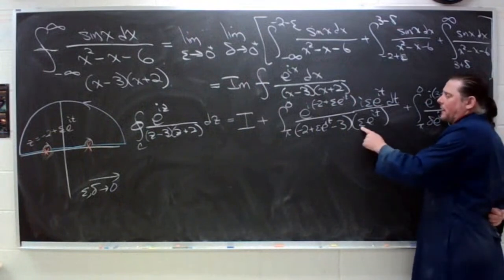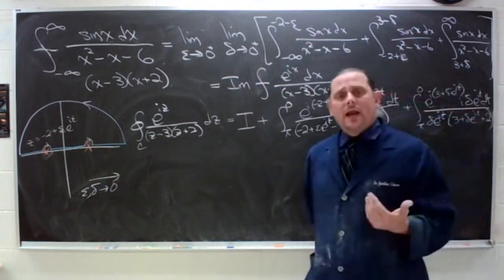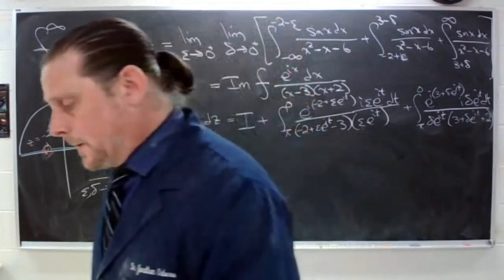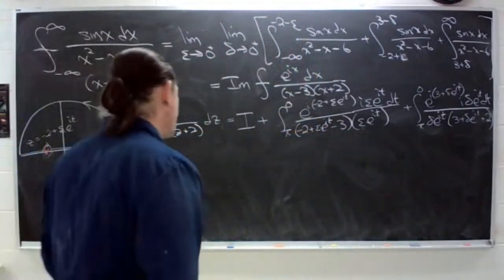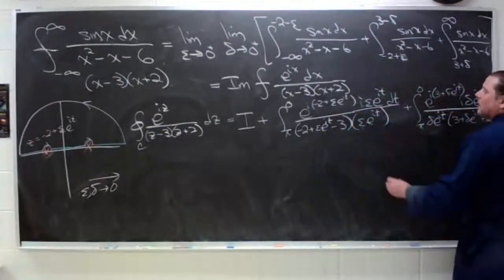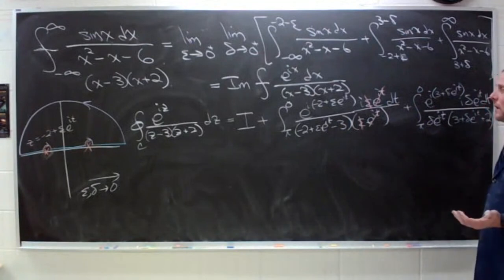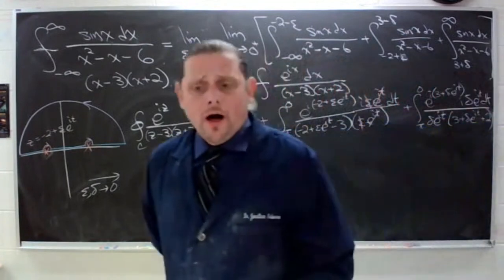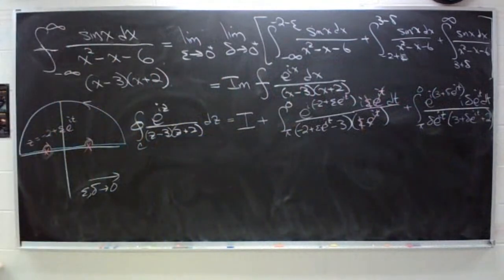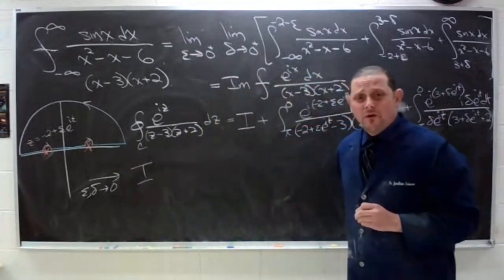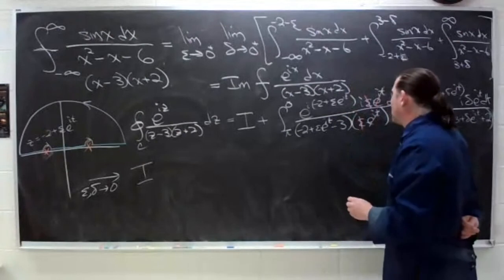But that vanishing denominator is checked by the vanishing length of the circular arc as epsilon tends to 0. So once I cancel out epsilon e to the it, the danger's all gone. I can take epsilon to 0 with impunity, at will. And that makes for a far simpler integrand.